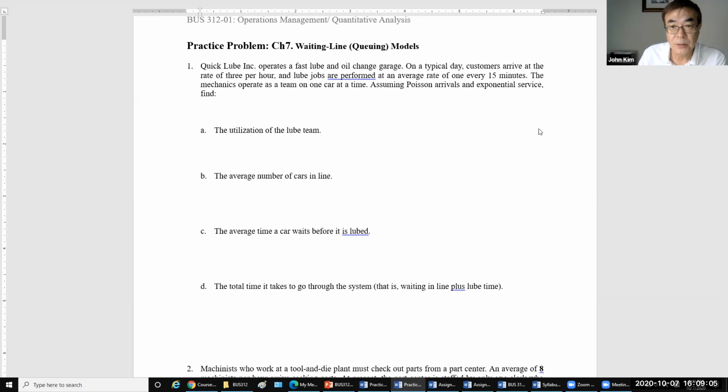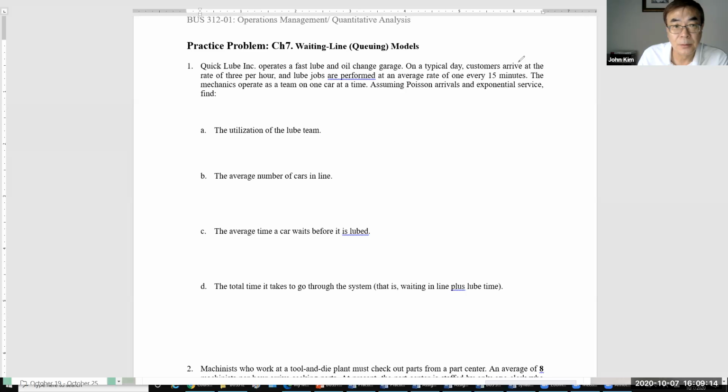So arrival rate is given, three. And loop jobs are performed at an average rate of every 15 minutes.